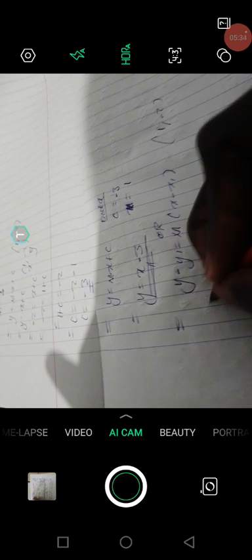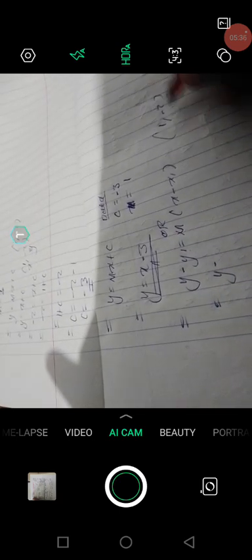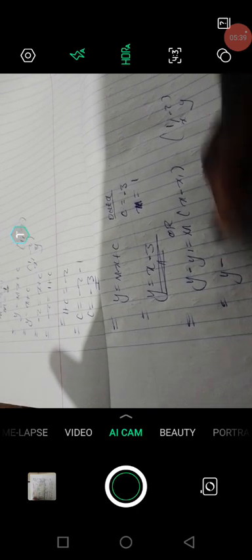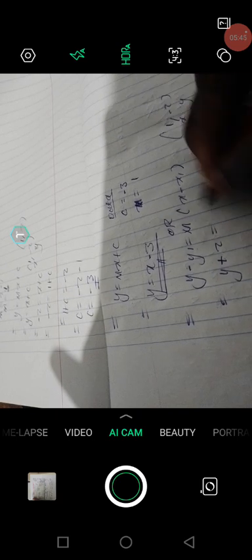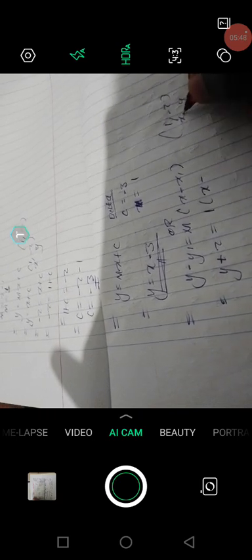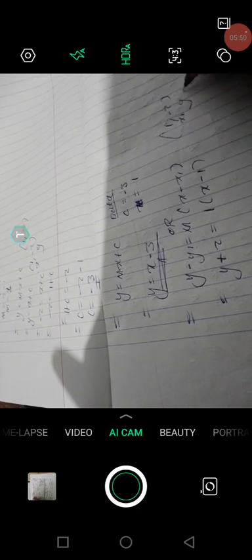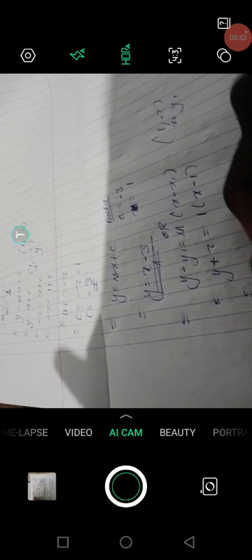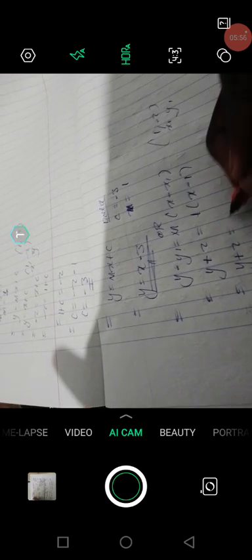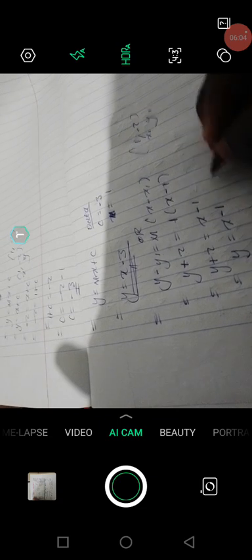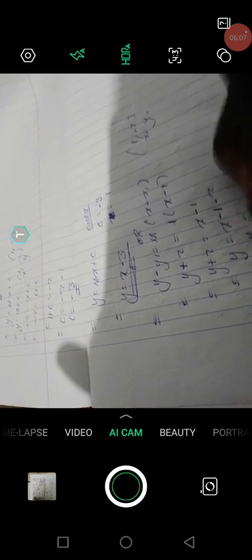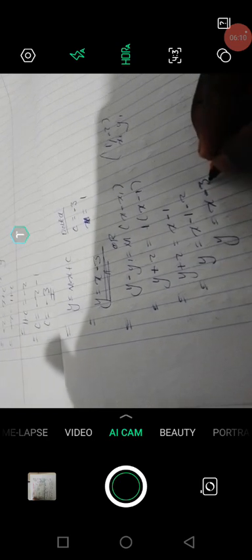This simplifies to y minus negative 2, and negative times negative is positive 2, is equal to m, which is 1, times x minus 1. This is x1, this is y1. So y plus 2 is equal to x minus 1. Then collect the like terms: y is equal to x minus 1, and when the 2 moves over it becomes negative 2. So y is equal to x minus 2 minus 1, which is x minus 3. So this and this are one and the same.